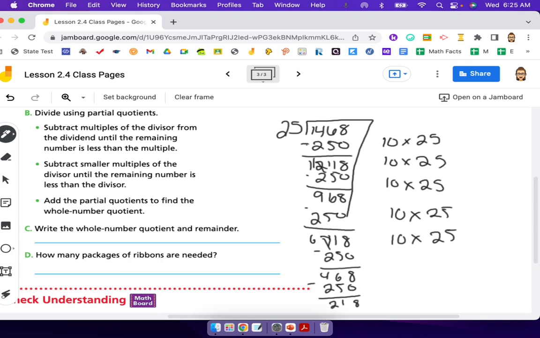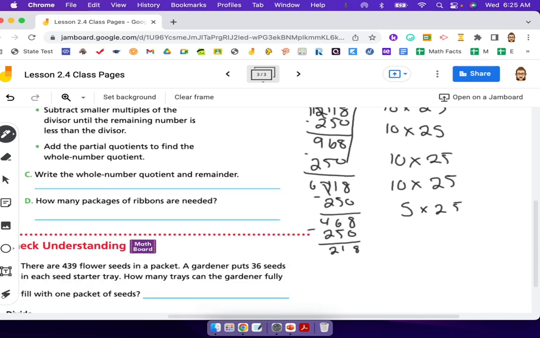So we can't do 10 anymore, but we could do 5. That's 125. And then I can do 3, which is 75. So then we have 18 left over.